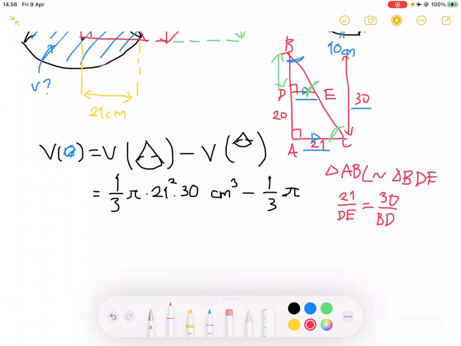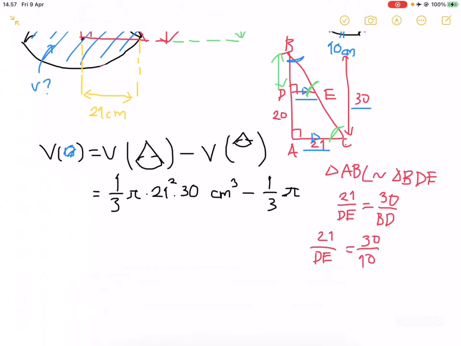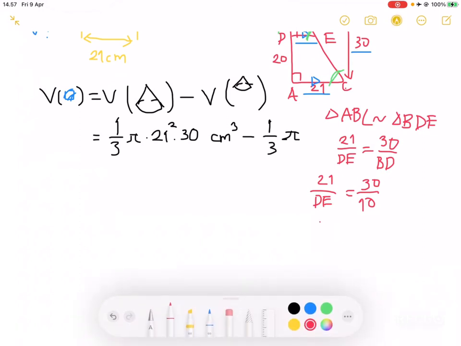And length BD is actually pretty simple to calculate, because the whole thing here is 30, and this little bit here is 20. Therefore, the remaining bit must be 10. So 30 over 10. And with this, you can calculate that the length of DE must be equal to 7.